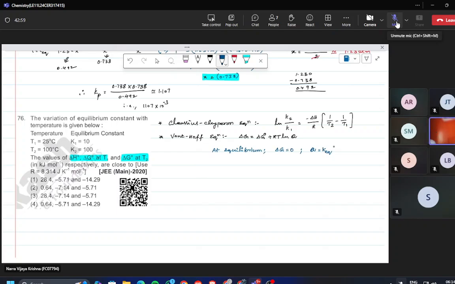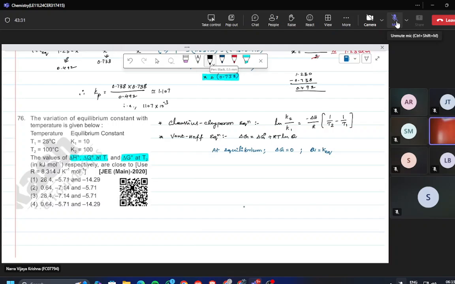At equilibrium, reaction coefficient Q value becomes K equilibrium, and delta G value will be 0. Q is reaction coefficient. Reaction coefficient means concentration of product by reactant. At equilibrium, concentration of product by concentration of reactant can be called as K equilibrium. That's what I have written.